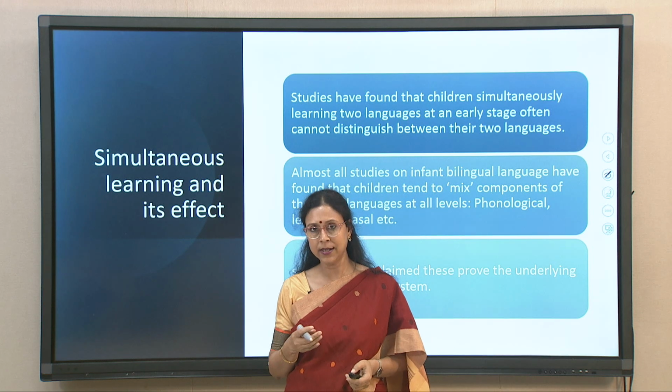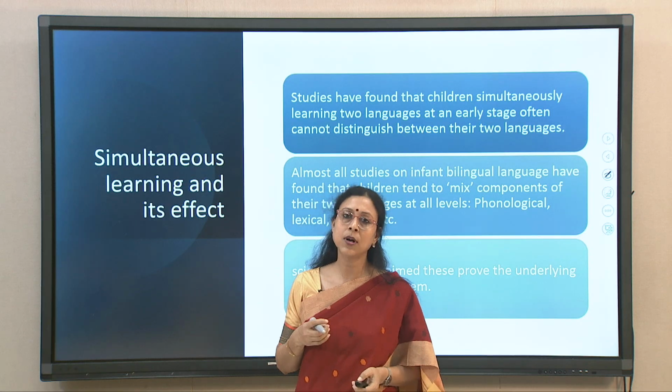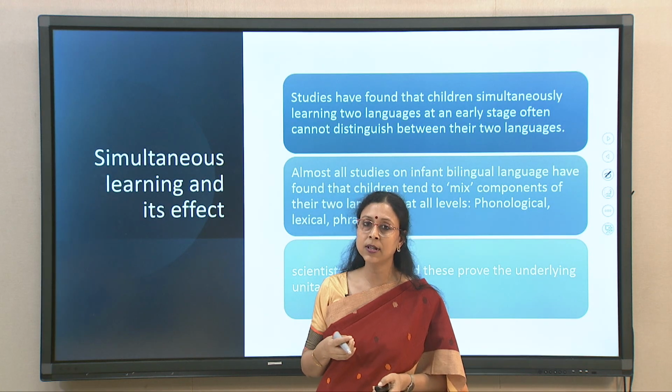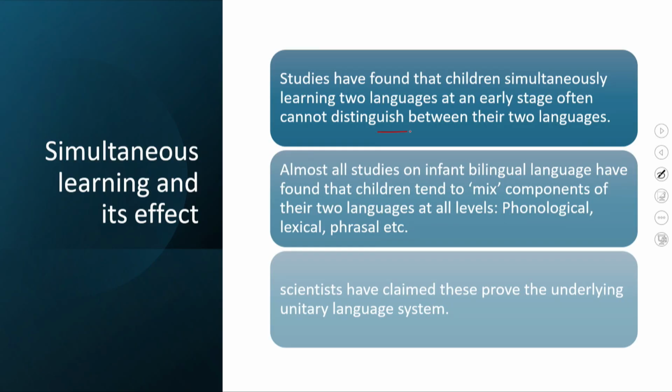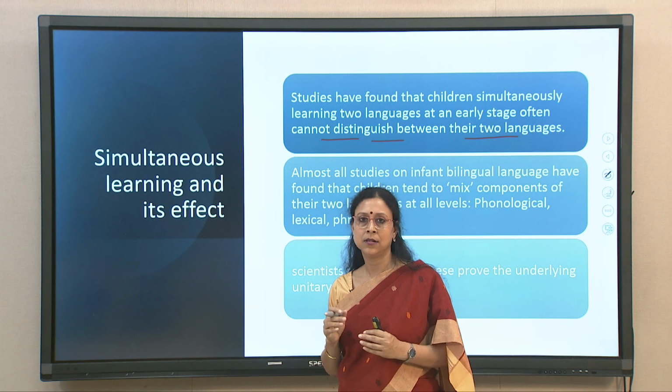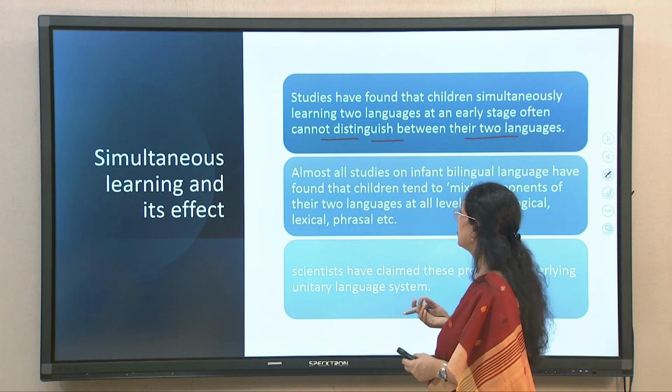The initial studies reported that children growing up as simultaneous bilinguals cannot distinguish between their two languages, because it seems like they mix up a lot of components from one language to another, which is why we think that they are probably not able to know which is which.